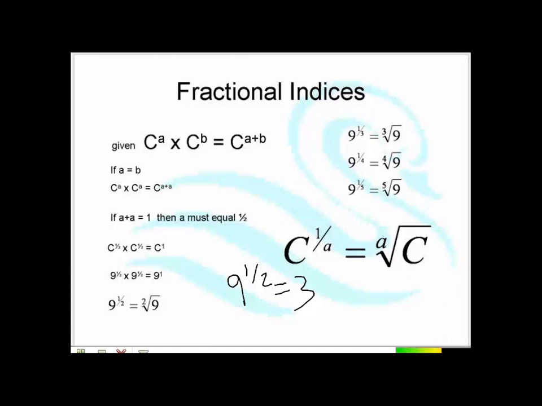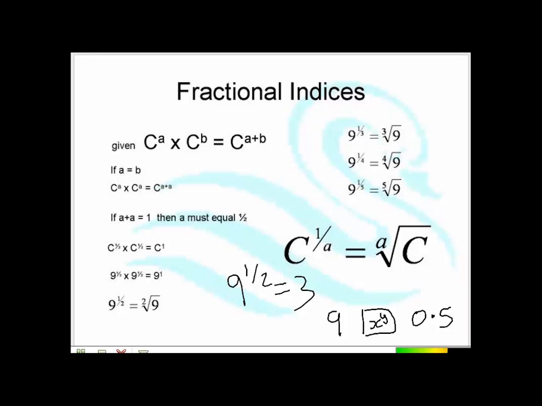Going on from that, 9 to the power of the third is the cube root, 9 to the power of the fourth is the fourth root. The reason I mention that is because some calculators don't have a square root button on them. So with some calculators, if you need to find the square root of 9, you have to go 9, and then you use the button which looks like x to the power of y, and then you type in 0.5, and that will give you the square root of 9.